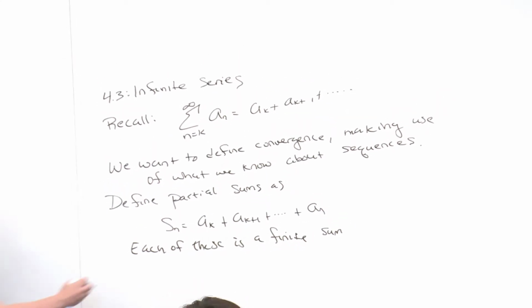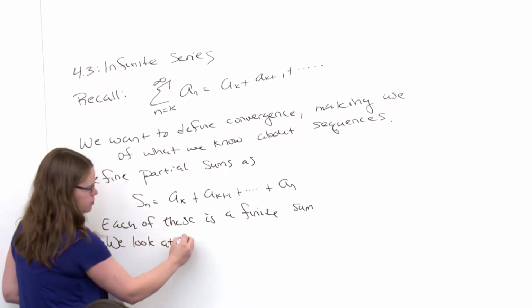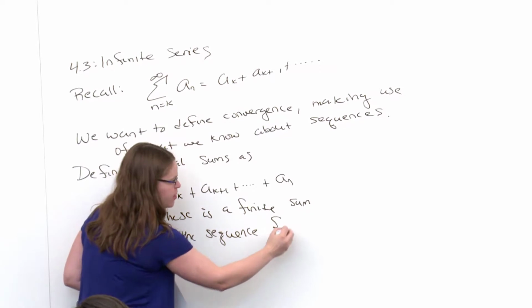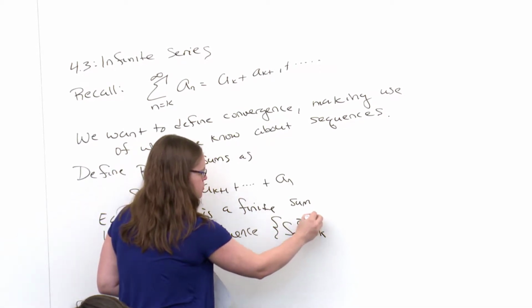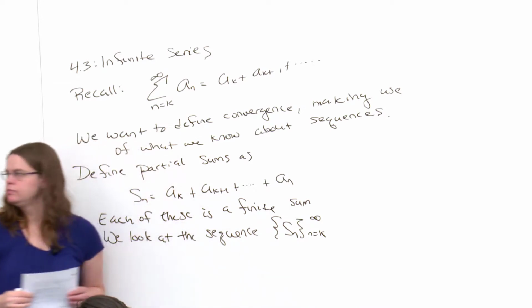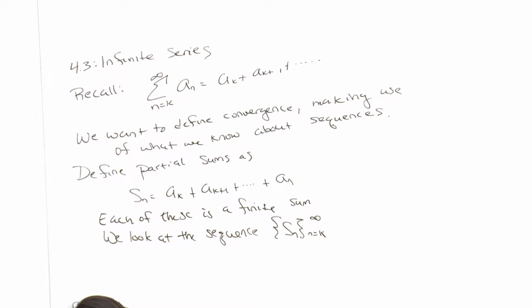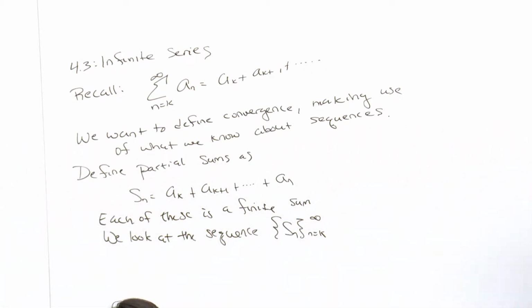And then we look at this as a sequence. Okay, so the sequence now becomes these partial sums. And that's great. Again, we know lots about sequences. We know how to define convergence. We know some tests for convergence. And all that is going to come in very useful for series.